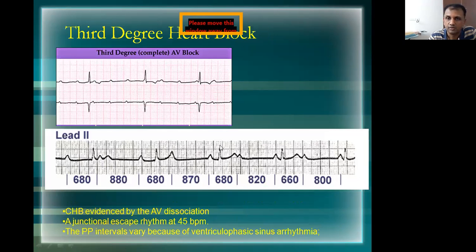Third degree heart block is much more complex, or very serious if you put it that way, because it can cause complete heart block, which means you can go into cardiac arrest. The risk is always there. Normally the atria contract and then the ventricles contract. But in complete AV block, because the electrical impulse doesn't follow the synchronous pathway from above downwards, the atria contract on their own and the ventricles contract on their own at a paced rate.